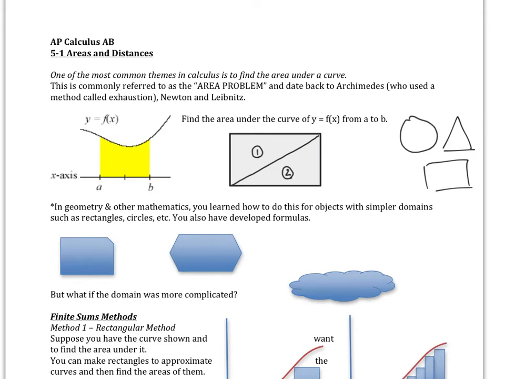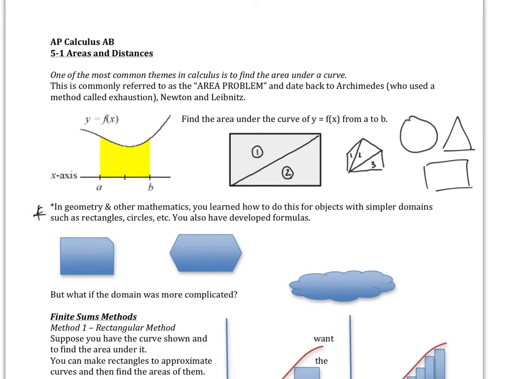So we knew how to do this with various objects, and in fact, we took this a little further. Suppose you had something like a pentagon, and we just broke this up into triangles like this, and we found the area of each of these three triangles and added them up. So we have methods of breaking up things that we don't know how to find areas of into ones that we do.